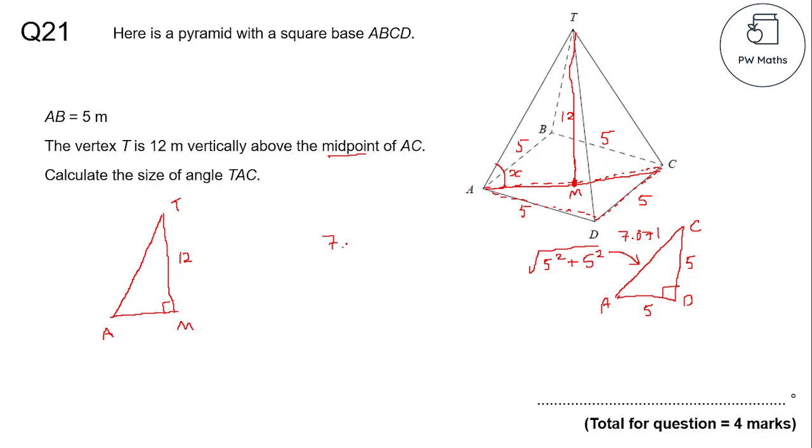We'll take that 7.071 and we'll halve it because we only want the distance from A to M. A to M is 3.535, and I can write that on this diagram here. And it's this angle here I'm trying to work out.